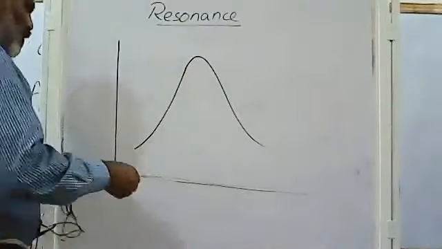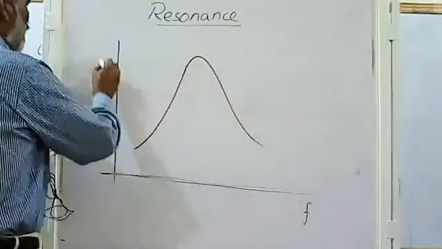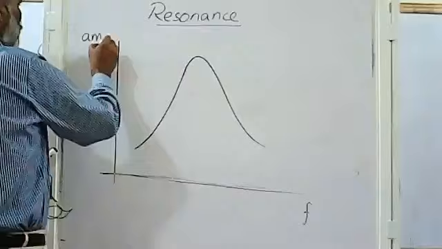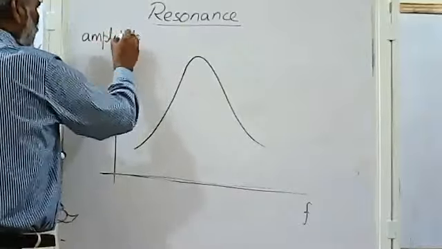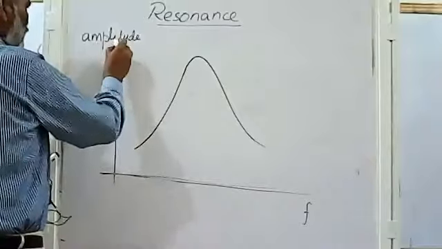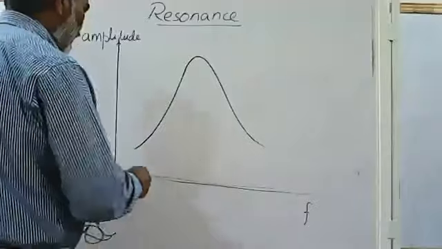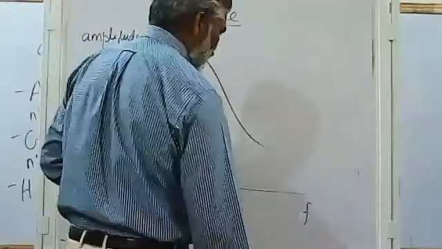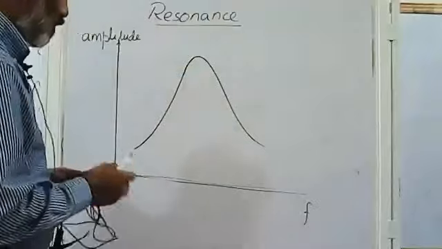And I told you we have frequency on this side and we have amplitude of oscillation along the y-axis. So the y direction indicates the amplitude of that system, and this is where the frequency is, and when we say frequency, it means frequency of both.